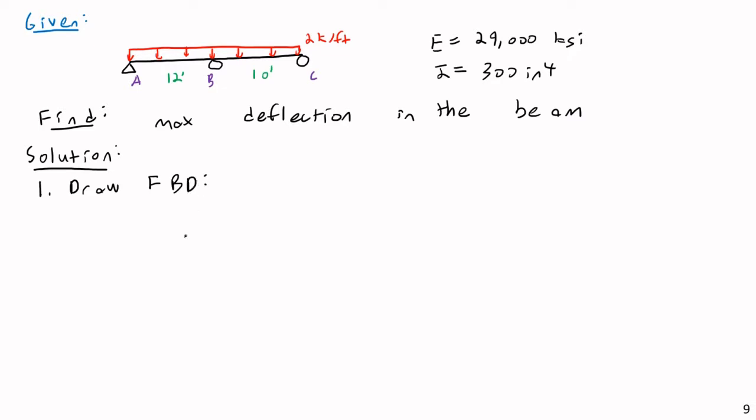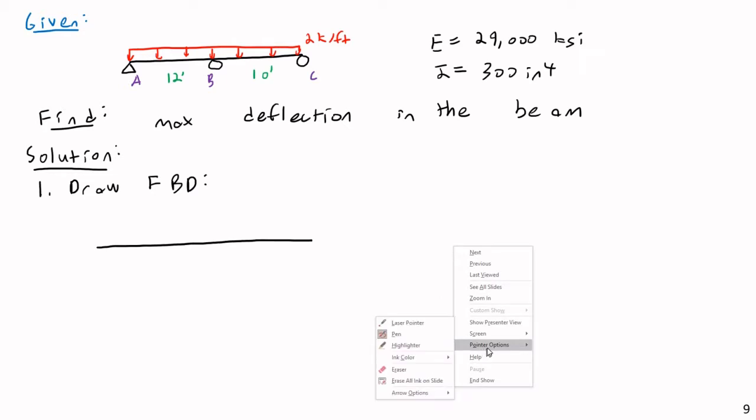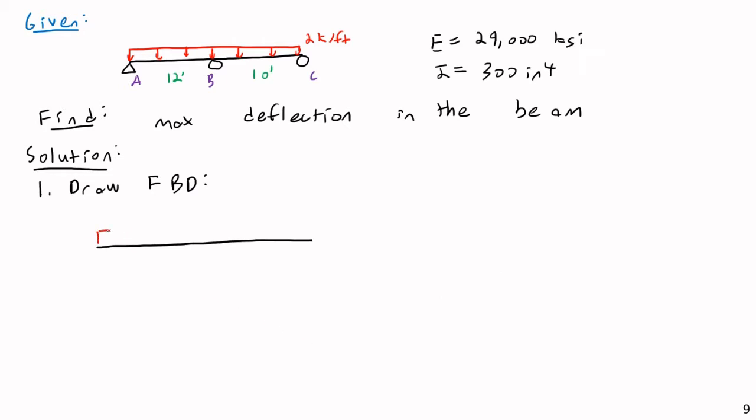And this isn't going to be too bad. I'll show the loads on here. I'm going to have a uniform 2 kip per foot load across the top, so 2,000 pounds per foot.